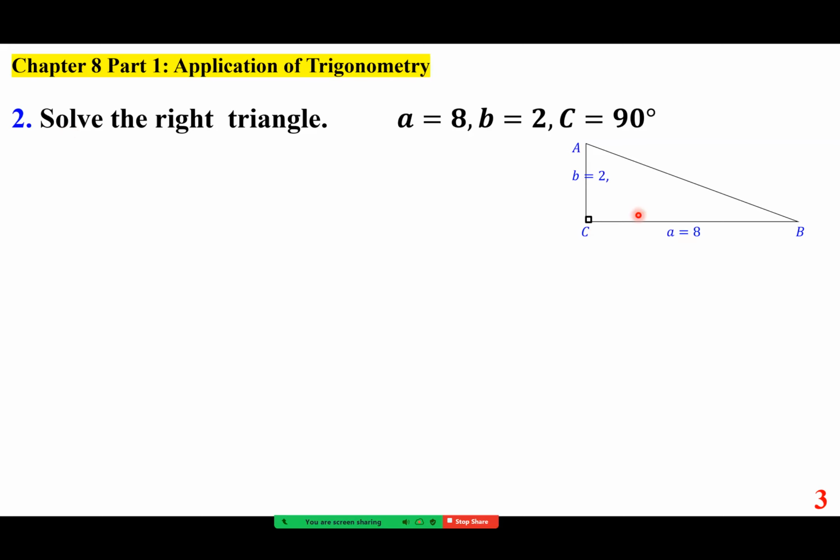We have two sides. We can find the third one using the Pythagorean theorem, a squared plus b squared equals c squared.